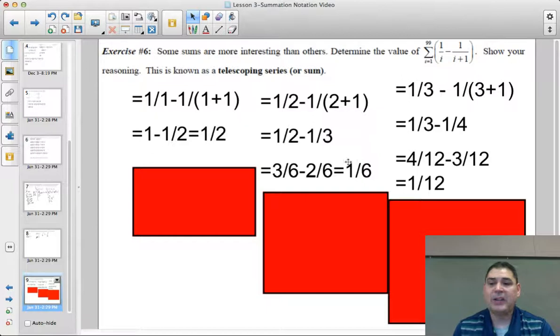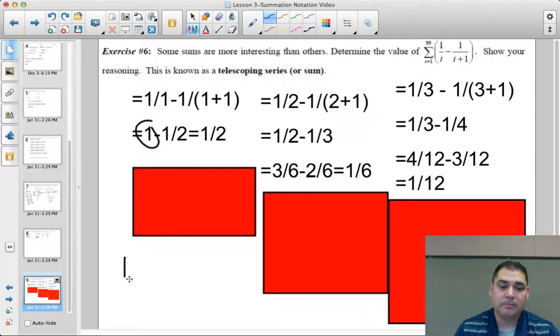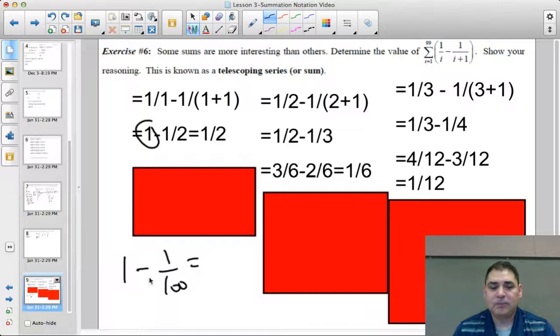All the fractions are going to cancel out except for the first one, which is 1, and the last one. What's the last one going to be? 1 over, what's 99 plus 1? 100. So what's going to be left is 1 and the last term, which is 1 over 100.